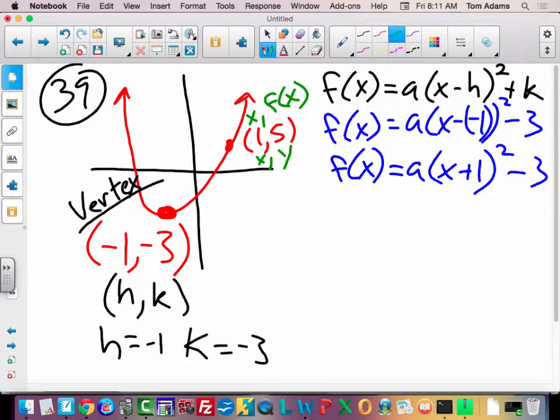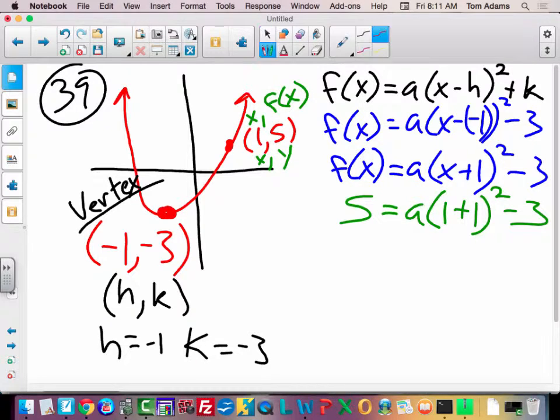So I could say 5, which is f of x, is equal to a times the quantity x, which is 1, plus 1 squared minus 3. And so what I've done is I've taken f of x and x and plugged them into the equation. It gives me a bunch of numbers plus the variable a.